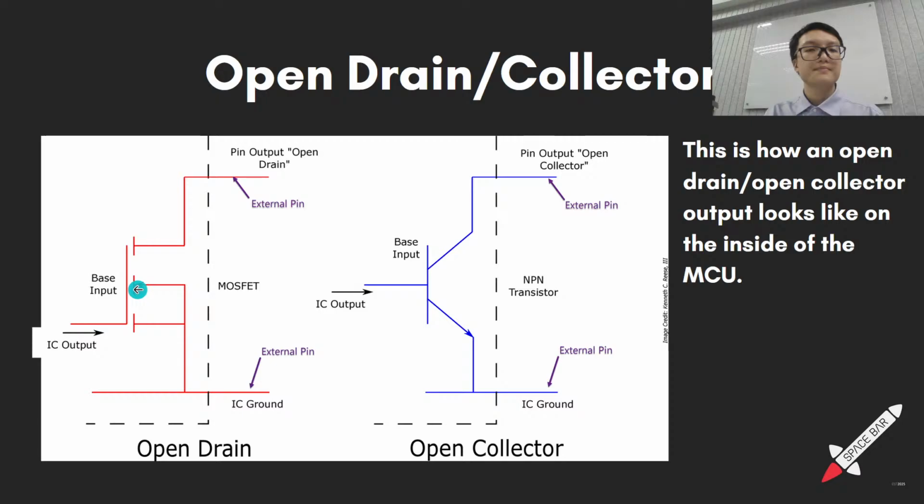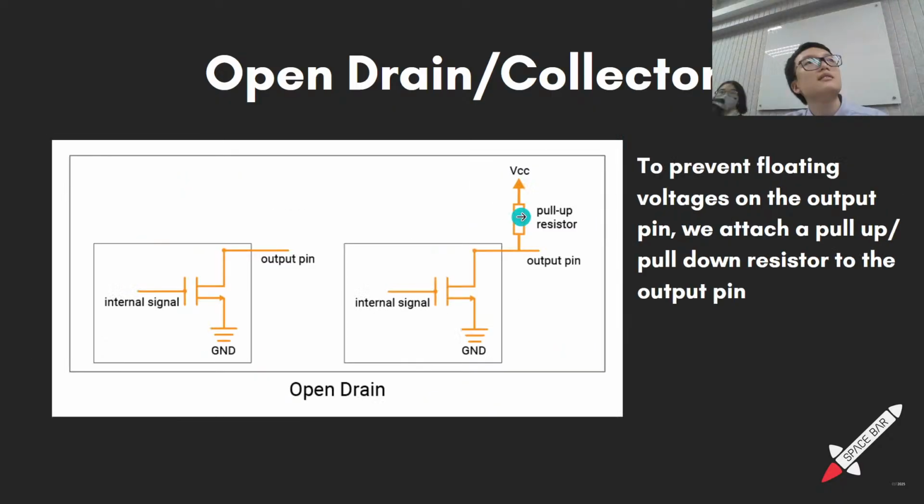If we just leave this output pin as is, when the transistor is off, it could pick up any stray radio signals and be whatever voltage it desires. So that's why we attach a pull-up resistor here, so that it is fixed to VCC. And when this MOSFET turns on, this will be shorted to ground, and this will be 0 volts.